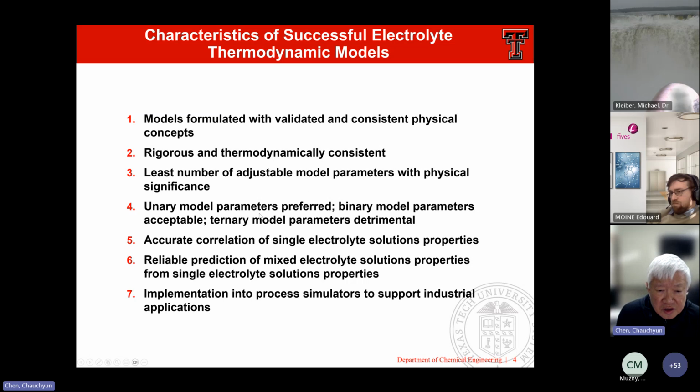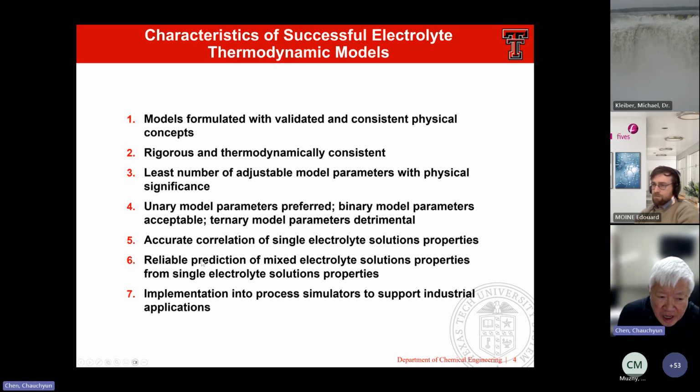The dream is to use unary model parameters, i.e., species specific. But very often we don't achieve that yet. Most models rely on binary interaction parameters, and they are acceptable. But the Pitzer model requires ternary parameters, and they are detrimental to process simulation.